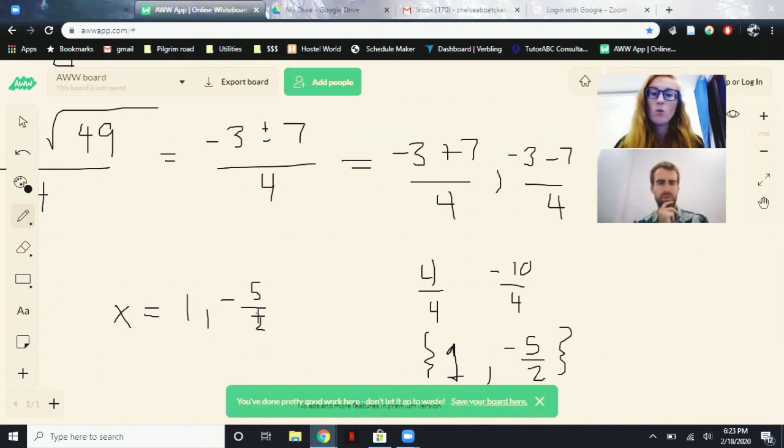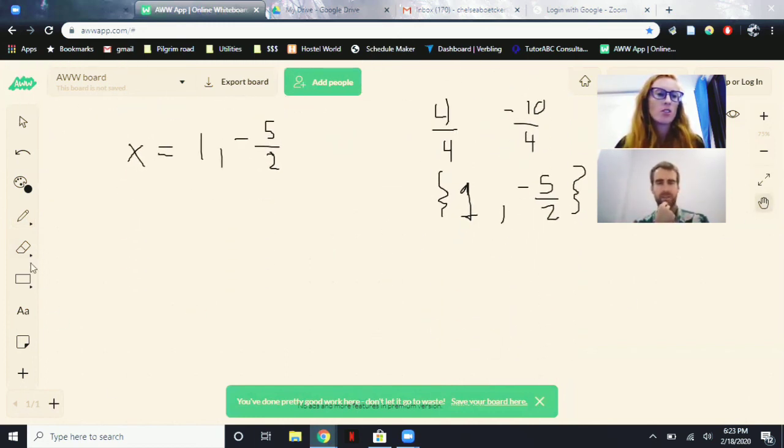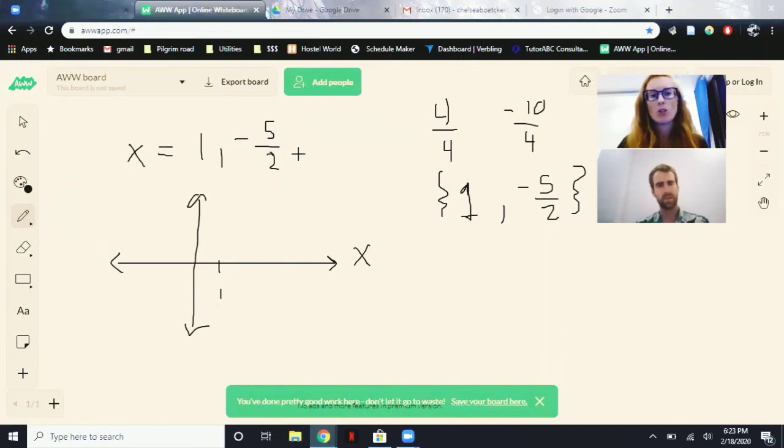And do you remember what x stands for with this problem? X is where the U touches the x-axis. Yeah, perfect. So if we wanted to just kind of sketch it out really quickly, so if I were to put this on a graph, here's our x-axis. The first point would be at 1, and then 5 divided by 2 is 2.5, right?